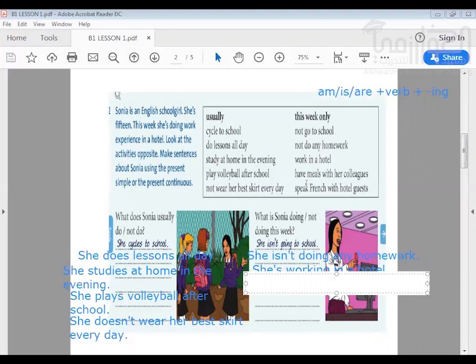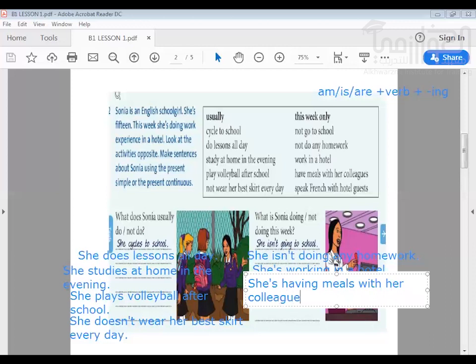It's not negative. So she's having meals with her colleagues.